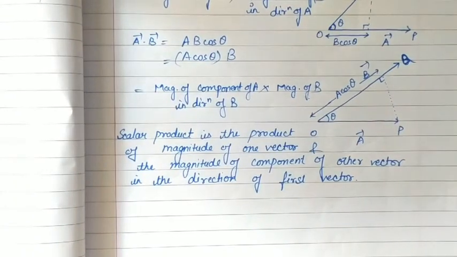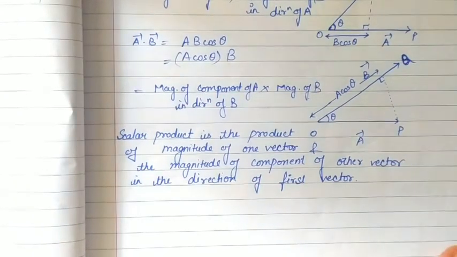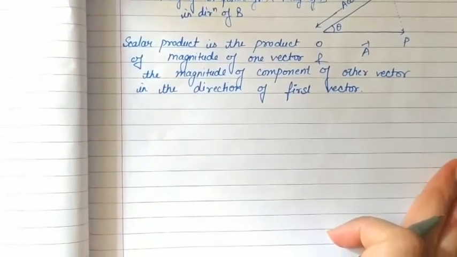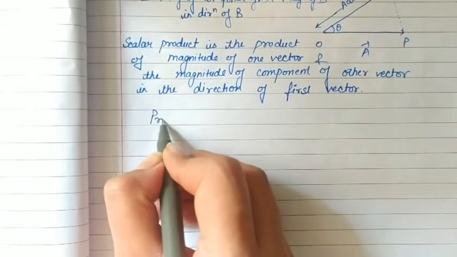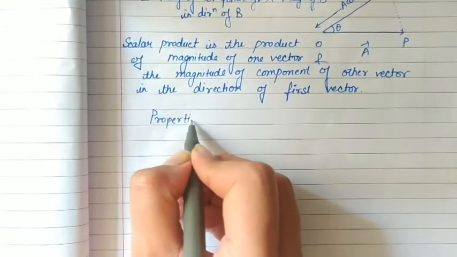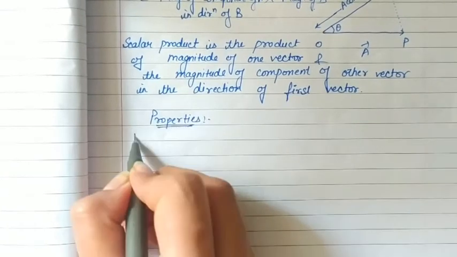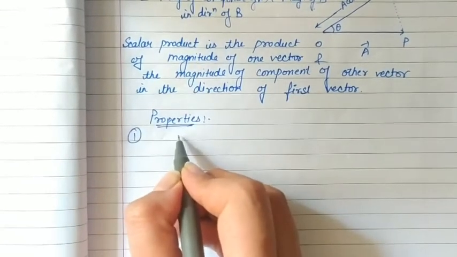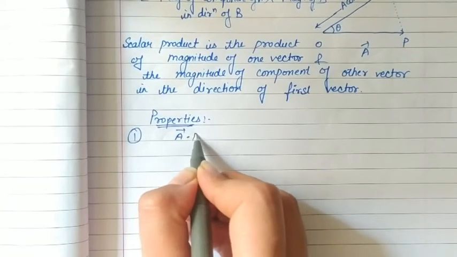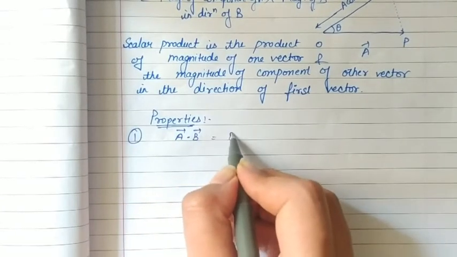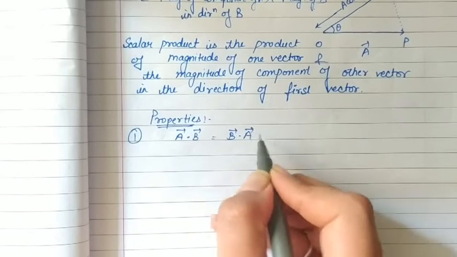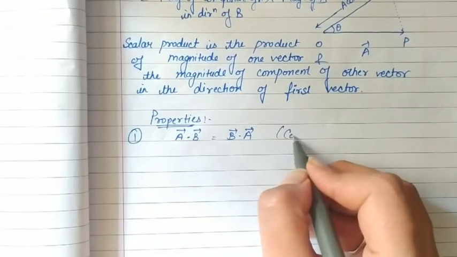After the definition of a scalar product, let's see its properties. There are certain properties of a scalar product that we have to know. The very first property is that scalar product is commutative, meaning whether we find A dot B or B dot A, we get both answers equal to each other.